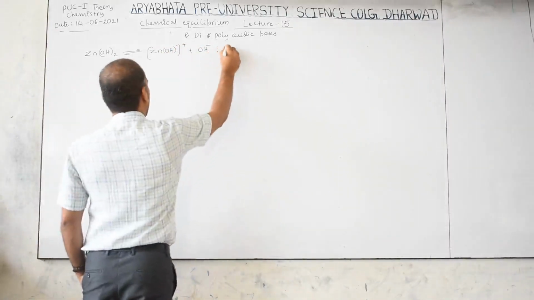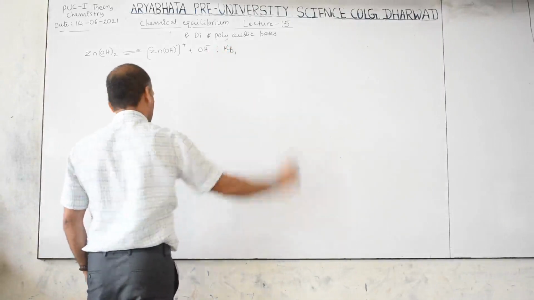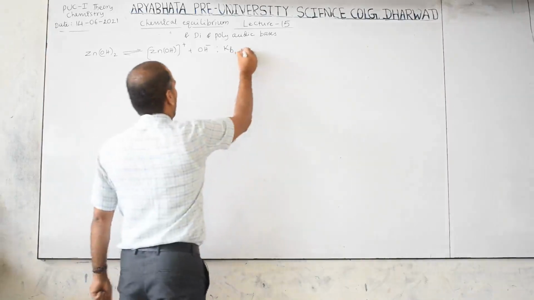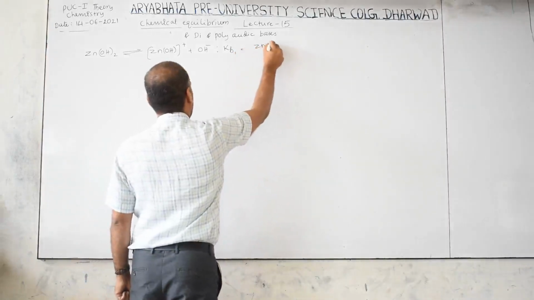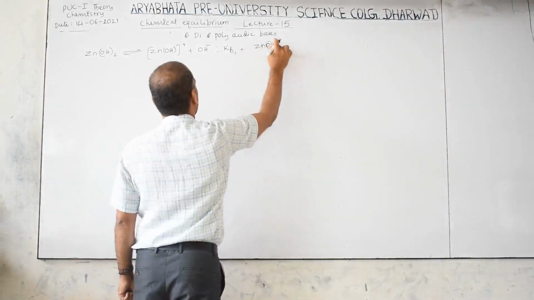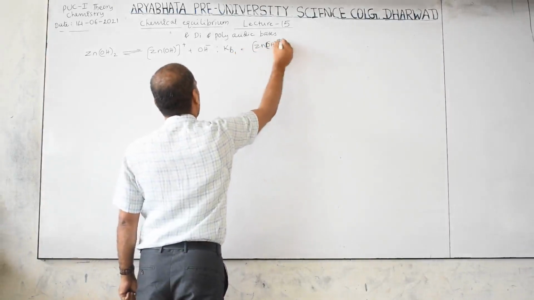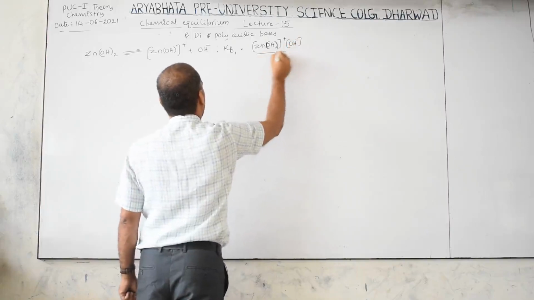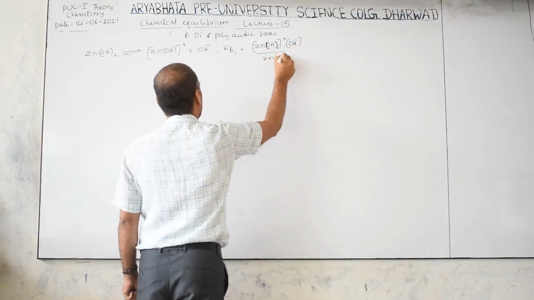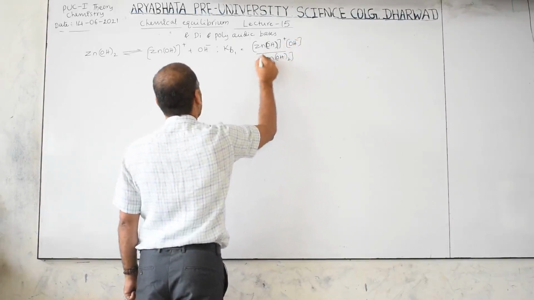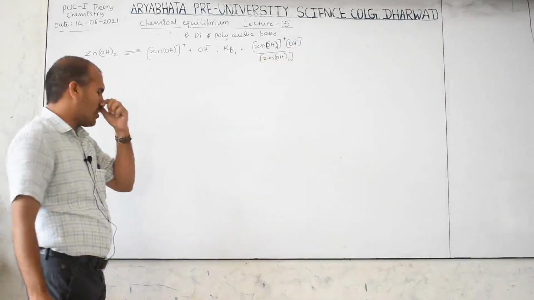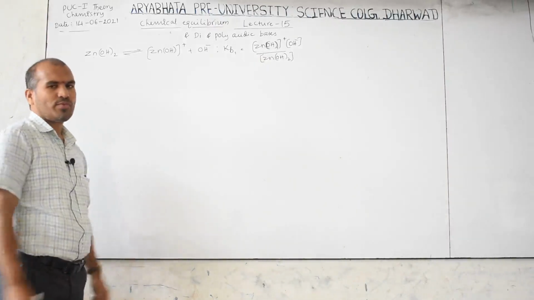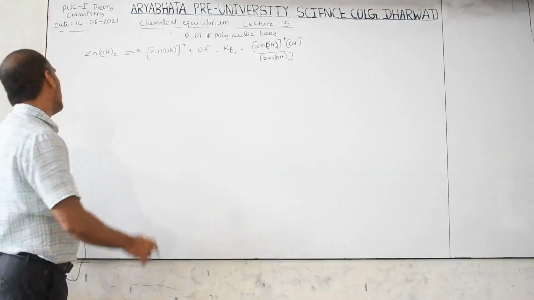In this case, we have Kb1. Kb1 is the product: ZnOH plus times OH minus, divided by Zn(OH)2. Here also it is the same. In the first step, whatever OH minus comes is more. In the second and third steps it is very less.